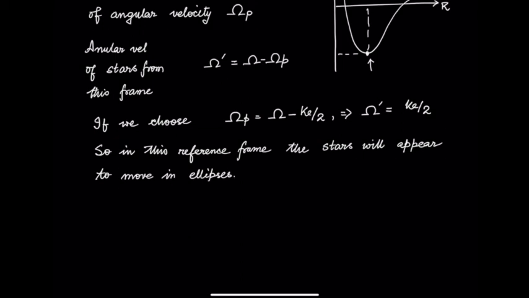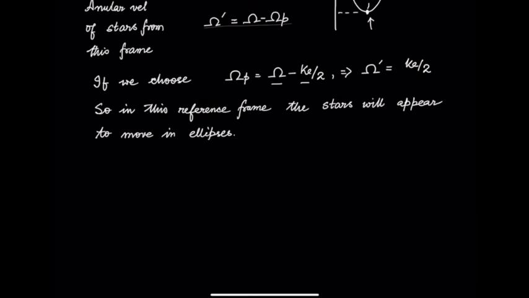But wait a second, there is a catch. The catch is that omega and kappa are functions of r. Stars at different radius have different values of omega and kappa because they see different effective potential. So this has to be true. The fact that I go to an omega p, what am I doing? I am just going to a rotating reference frame.